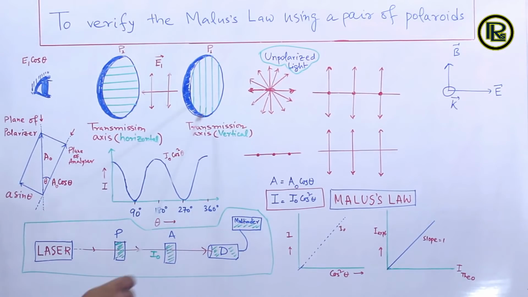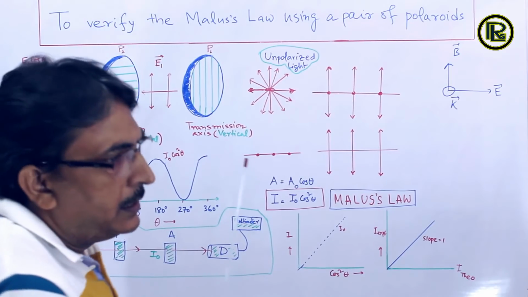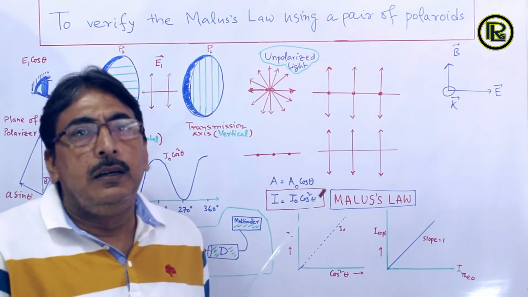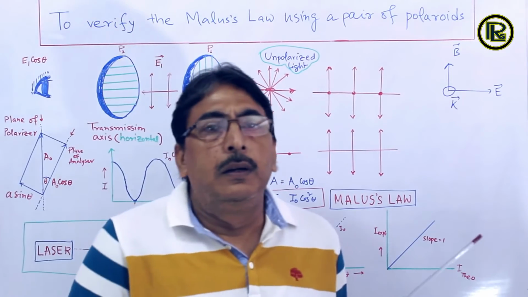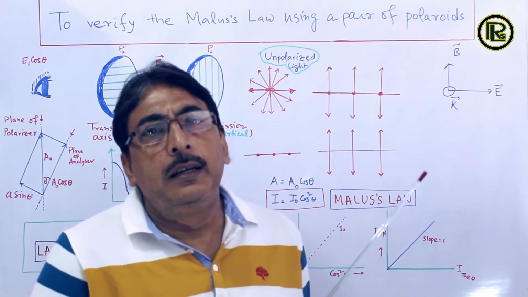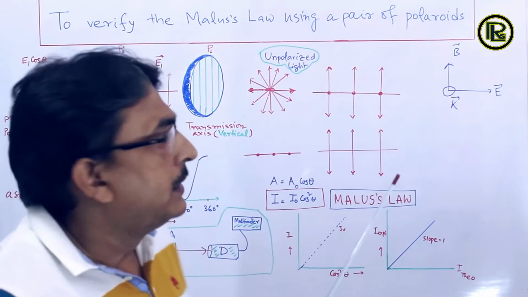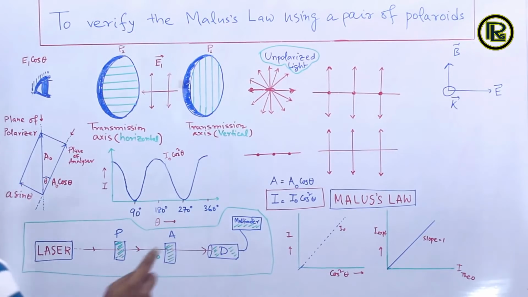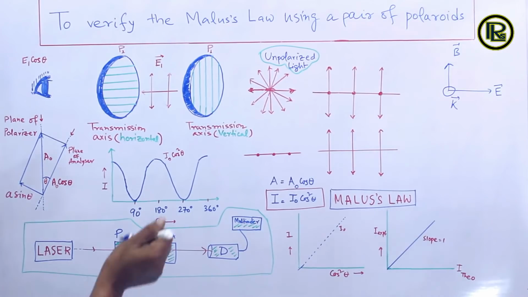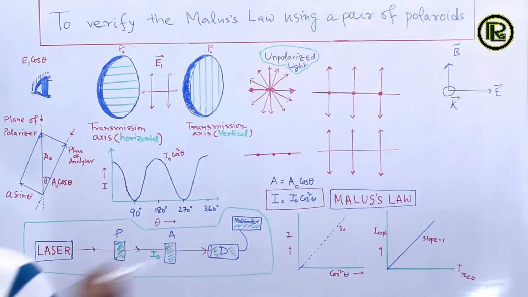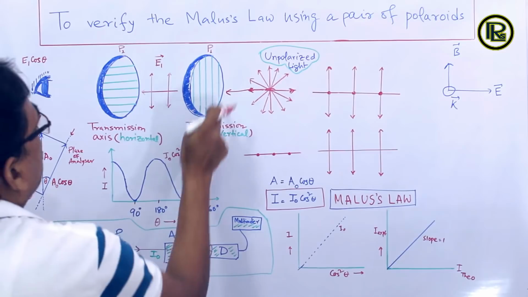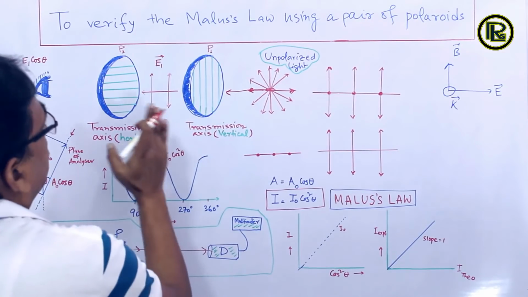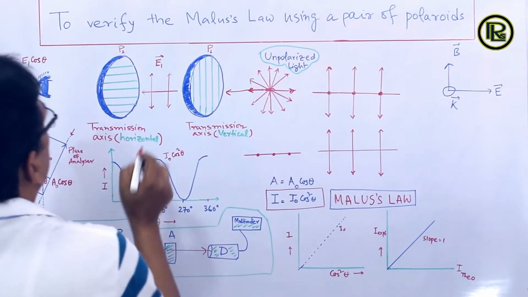So a Polaroid is a transparent material like nickel, tourmaline crystal, etc. So if the light is allowed to pass through the Polaroid like this, then this will be able to cut off one of the two oscillations.